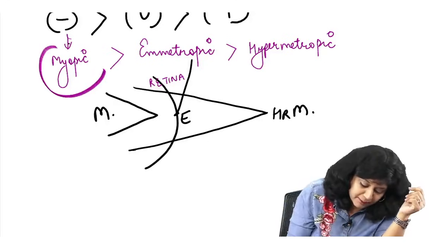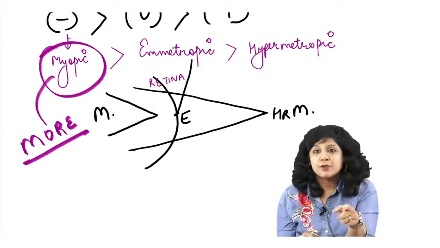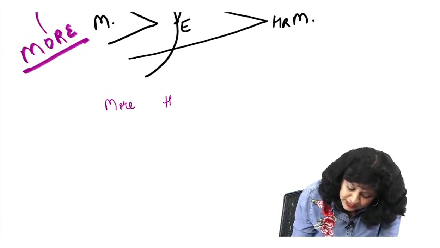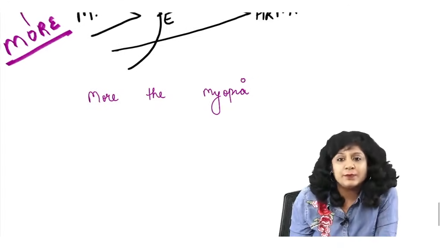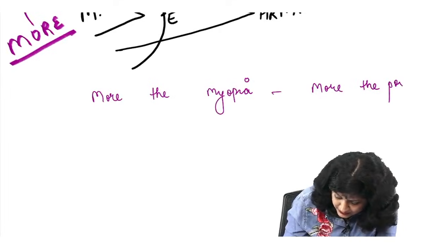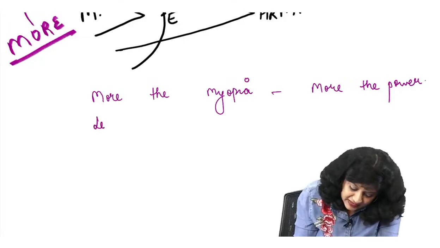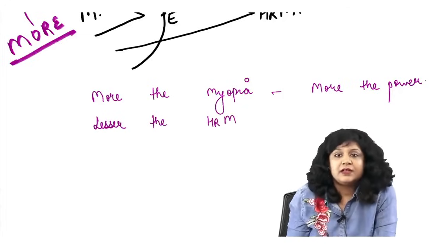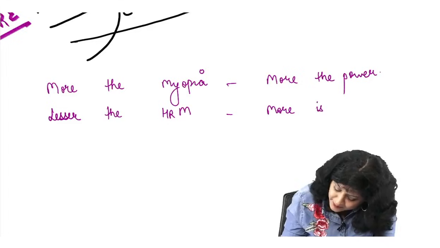So now you can remember M for myopia and M for more. M for myopia, M for more. More the myopia, more the power, and lesser the hypermetropia, more is the power.